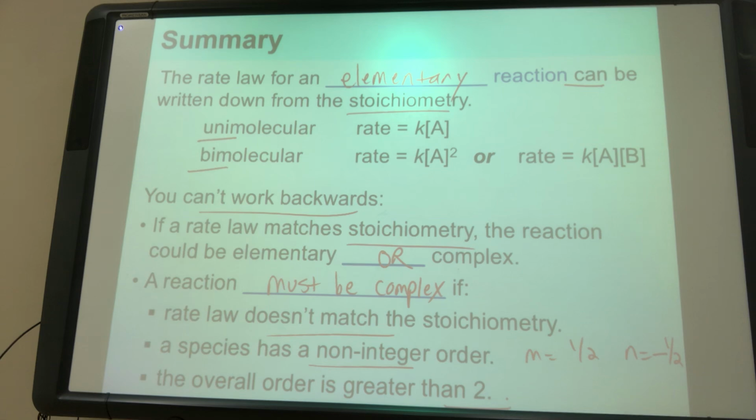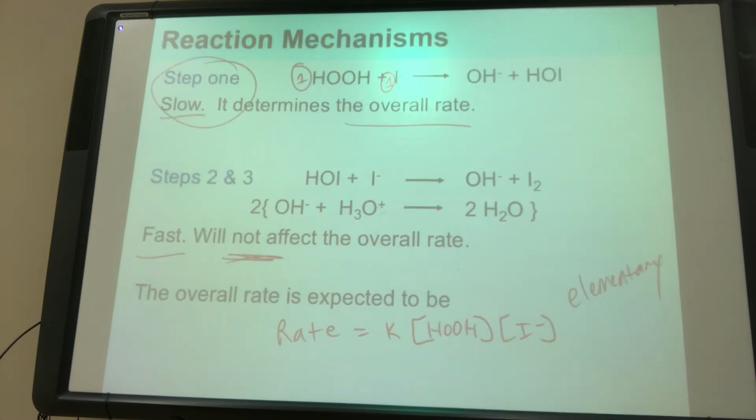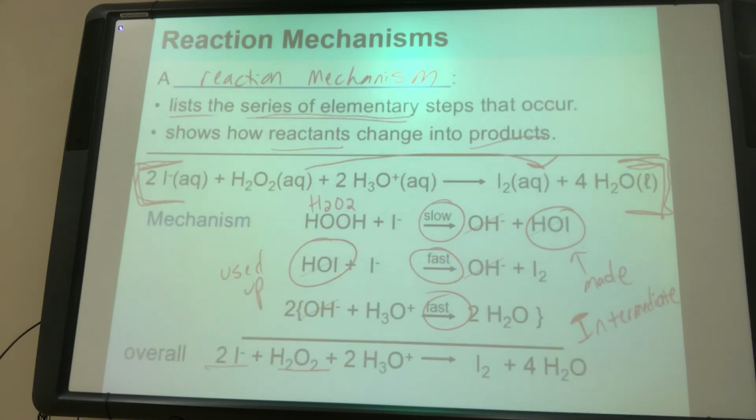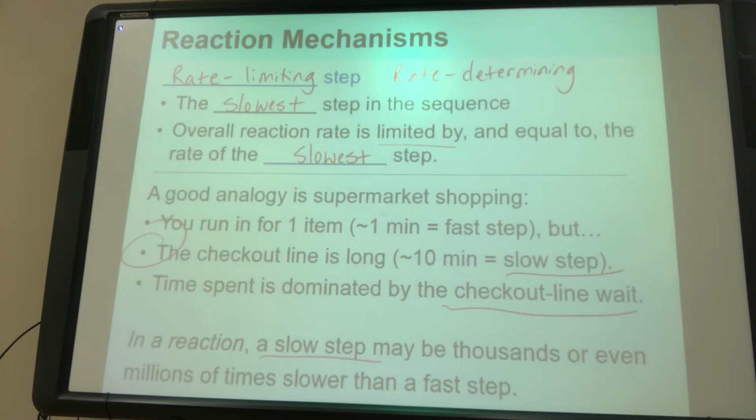If I have an overall order of 3 or 4, then it has to be complex, because then I have too many things reacting together for it to be a simple, easy thing. Now, you just kind of have to know definitions on this. I'm not going to make you write out reaction mechanisms or anything like that. You just kind of need to know the terms for today.